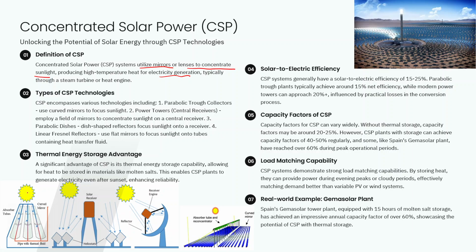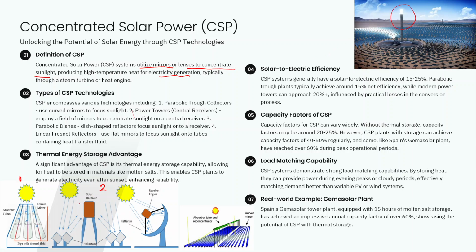So this is the first one, the parabolic trough collectors, right? They use these curve shaped mirrors, and you have this pipe in which the water is flowing, and it gets heated through the reflected sunlight. And then the second type is the tower type that you can see here as well.